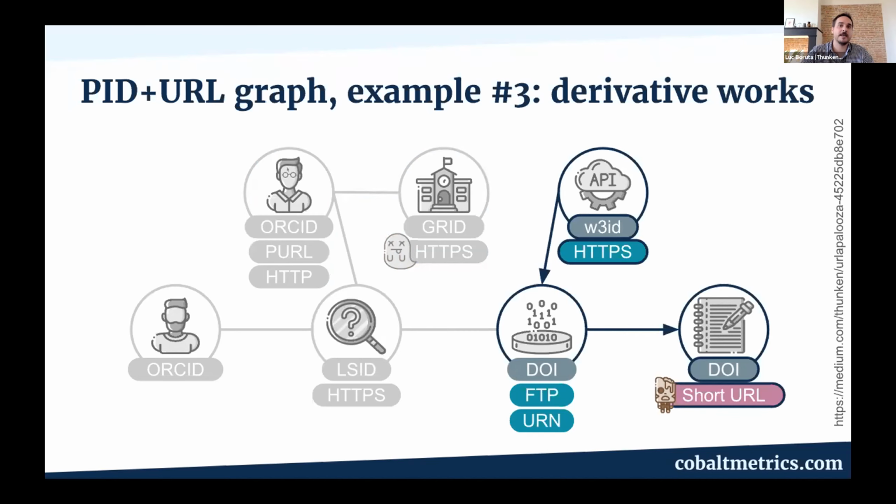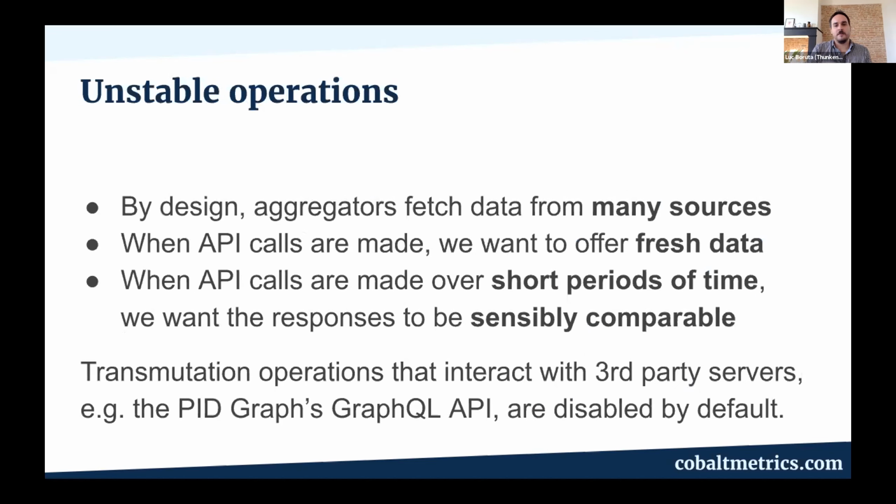And Cobaltmetrics adds that layer that I was talking about of all the non-ideal, non-canonical identifiers. A very quick technical note, if you try to get information from the PID graph in Cobaltmetrics right now from the web interface: by design, aggregators fetch data from many different sources. That's kind of the definition of aggregation.